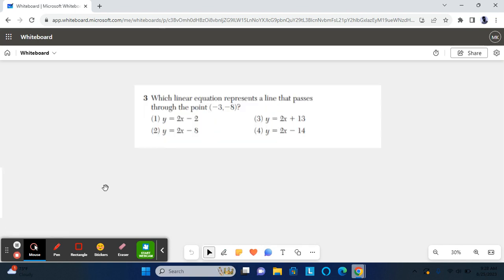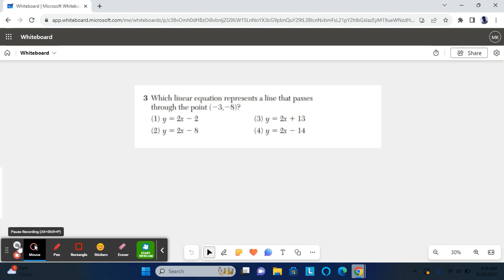For question 3, it says which linear equation represents a line that passes through the point negative 3, negative 8? For this problem, you have to replace negative 3 as the x value and negative 8 as the y value for all of these equations and figure out which one is correct.